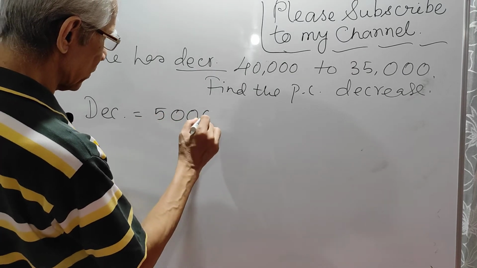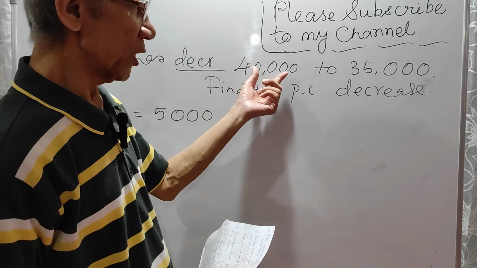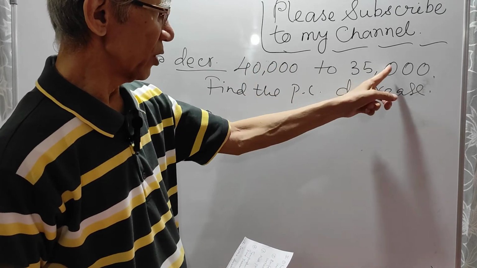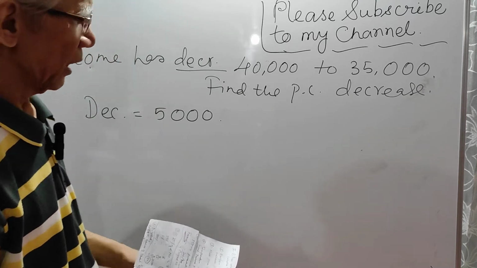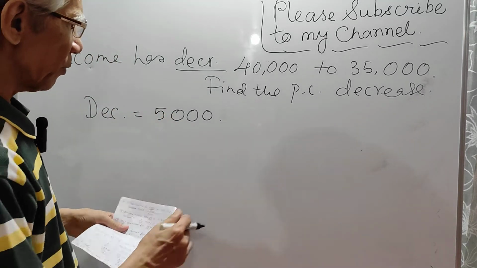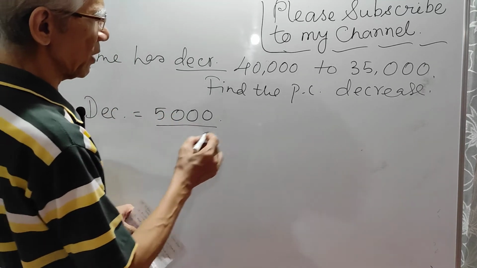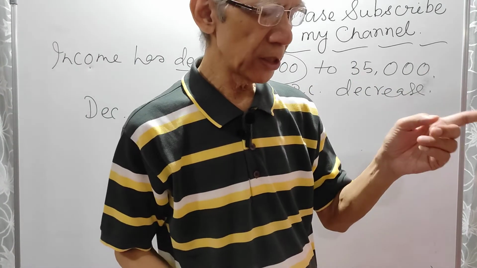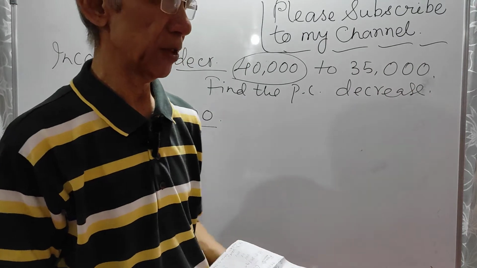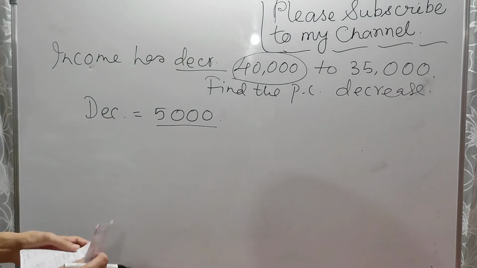So 40,000 is the original number. This minus this, because decrease by what amount? 5,000. This is the decrease. Now we have to express this decrease as a percentage of this original number. Remember, always percentage of the original number, whether it is increase or decrease.